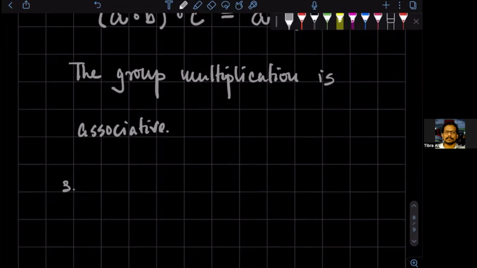Number three is that there must exist a unique element which we call the identity. So what is the identity?